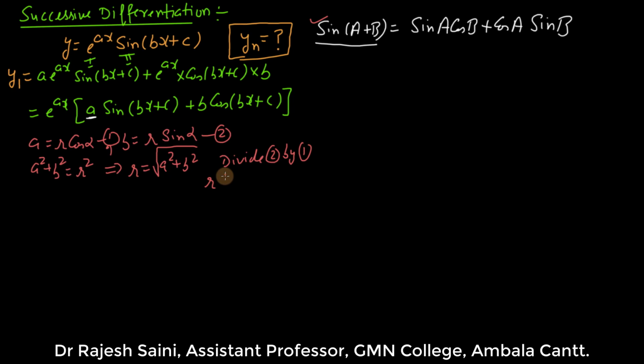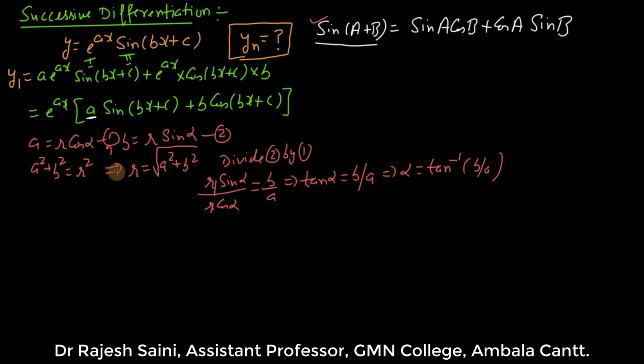We get r sin alpha divided by r cos alpha is nothing but equal to b by a. r to r will cancel out. This implies that tan alpha is equal to b by a, implies alpha is equal to tan inverse b by a.